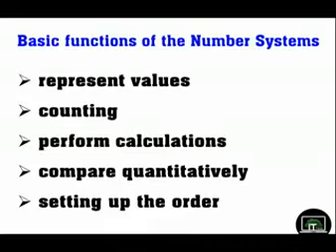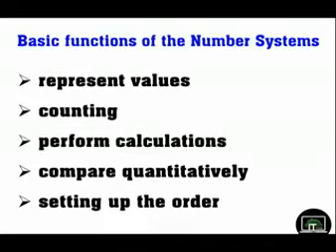Number systems are used to compare things quantitatively. You may say that my height is 5 feet, and someone else's height is 5.2 feet. So now you are comparing these values quantitatively. And also we use the number systems to make order.